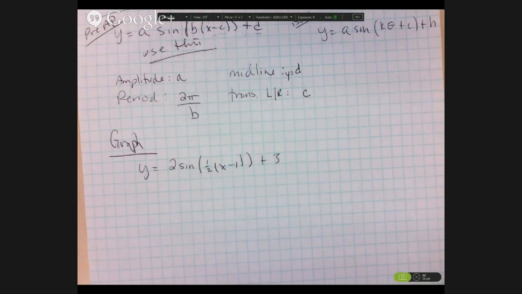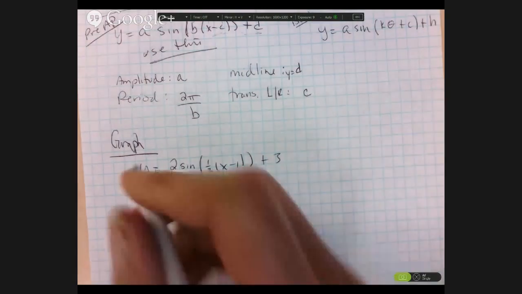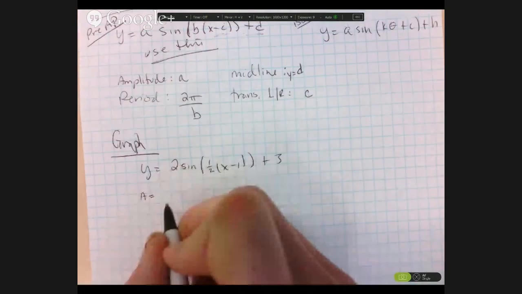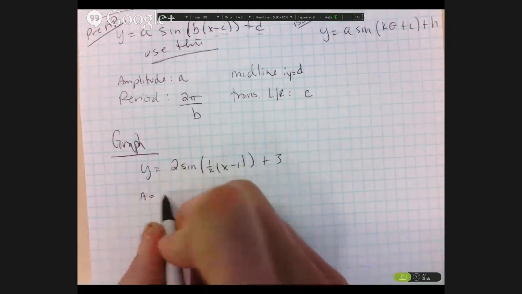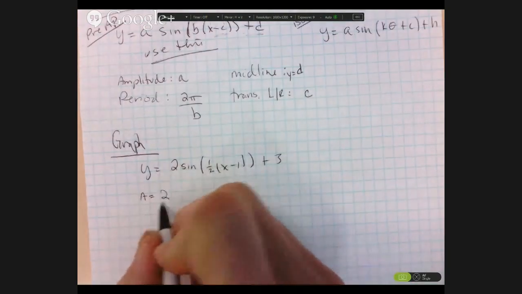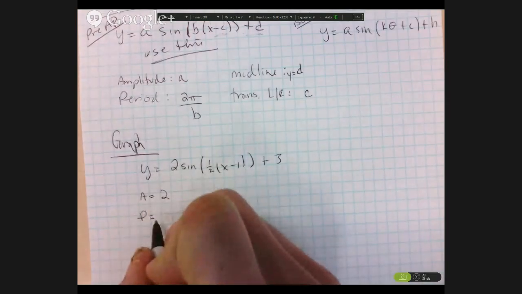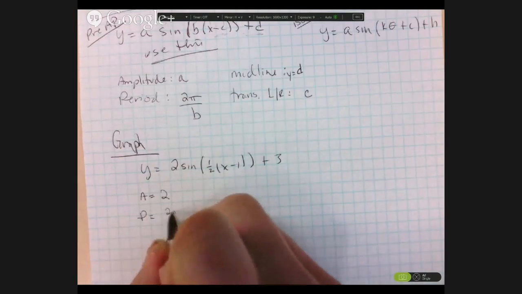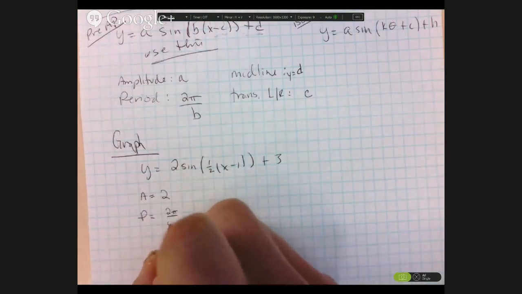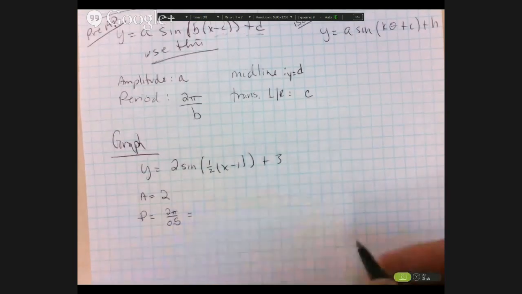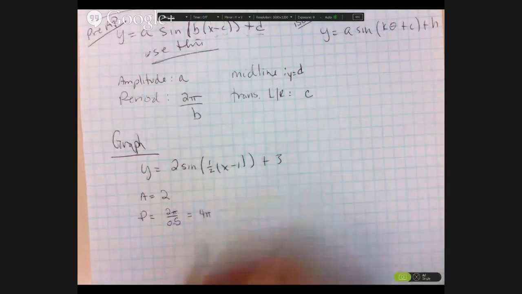I'm going to show you, it's just going to be really easy. Let's figure out the amplitude. It's 2. What's the period? 2 pi over 1/2, which is 4 pi.